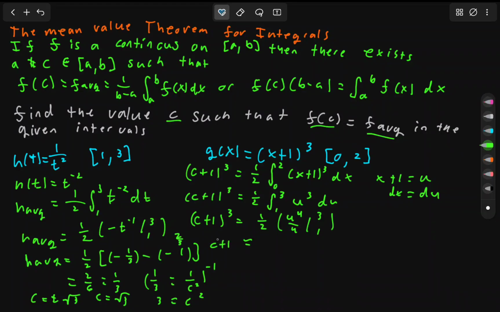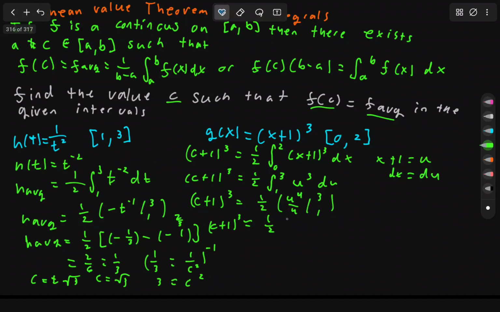So c plus 1 cubed must be equal to 1/2, and then in parentheses here we will get 3 to the 4th, which is going to be 3, 9, 27, 81 fourths, minus 1 to the power of 4th divided by 4.